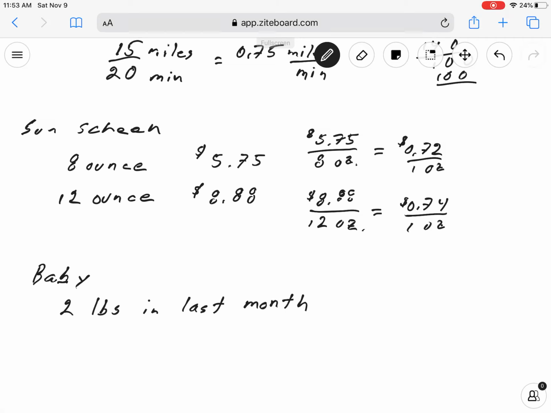Okay, and we're curious, how much is that for a week? Well, we'll say that the month has 4 weeks. Okay, so now we have a rate of 2 pounds in 4 weeks. So we can convert that into a unit rate of per week by dividing the 2 by 4, and that gives us 1/2 pound per week.